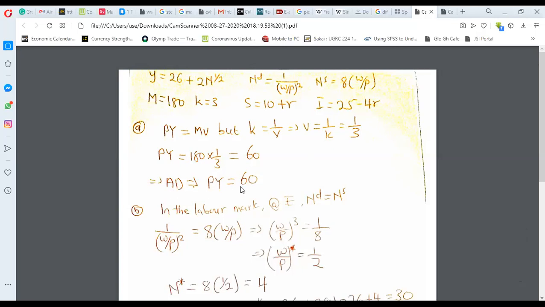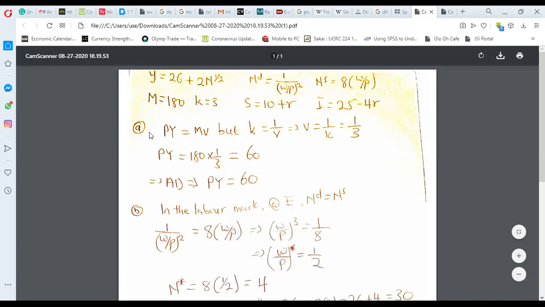I hope that's okay. Is it okay for everyone? We're talking about the AD curve, and this is it. There's a formula for finding the AD curve. PY is equal to MV. In some questions, you'll be given V, some like this one, we're given K, and K is equal to 1 over V. So to find your V, V will be 1 over K, which is 1/3.